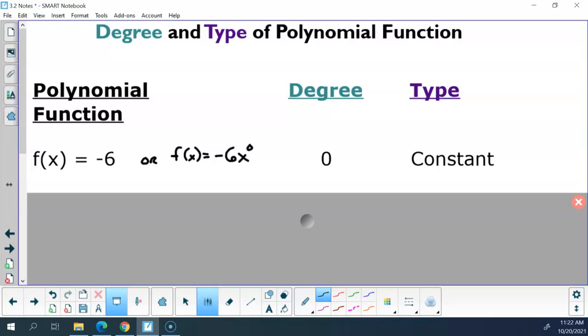Constant functions are horizontal lines. The picture of a constant function is a horizontal line. So in this case, it would be -6. We go down 6 and draw a horizontal line.